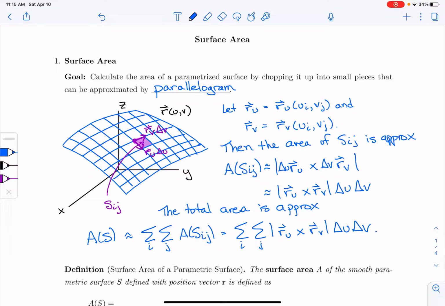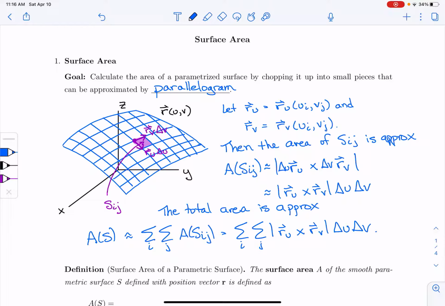Okay, well, that's an approximation of the area. What I could do to make a better approximation is let delta u and delta v be smaller, so I could consider more subdivisions of this surface. As I increase the number of subdivisions, the regions that I'm finding the area of are going to be closer and closer to the areas of these parallelograms.